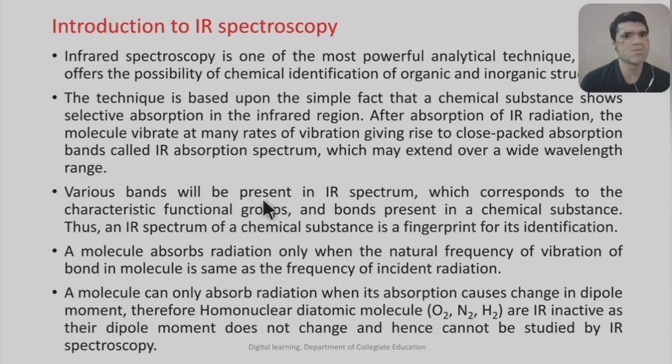Various bands will be present in the IR spectrum which correspond to the characteristic functional groups and bonds present in the chemical substance. Thus, an IR spectrum of a chemical substance is a fingerprint for its identification.